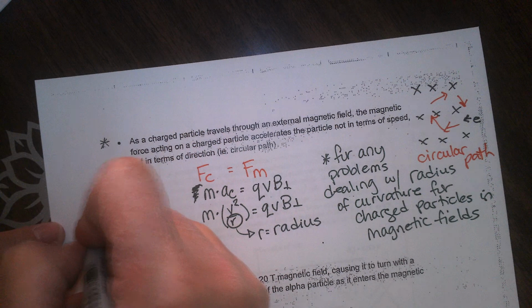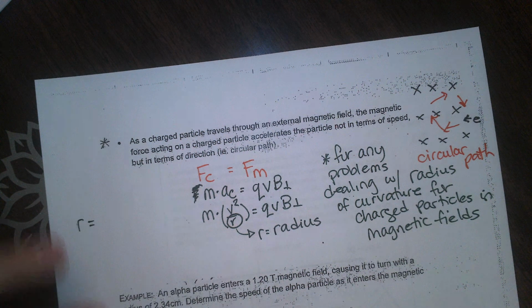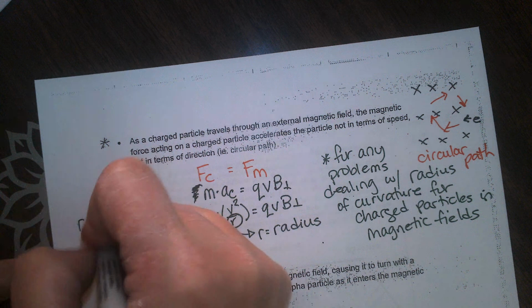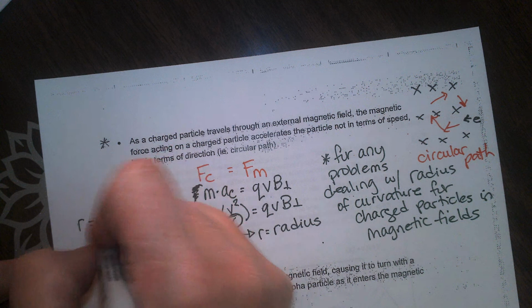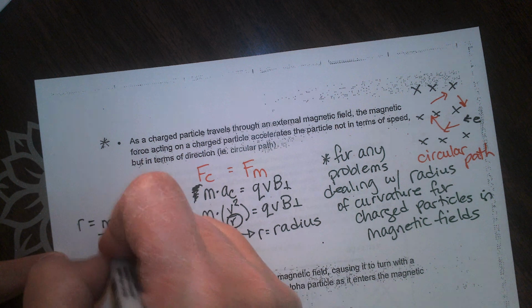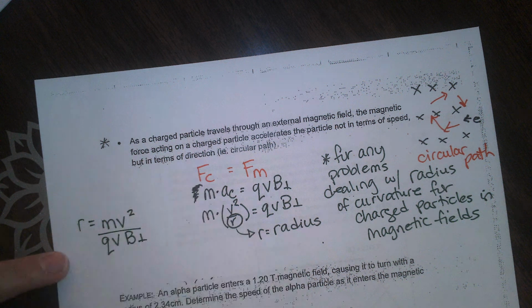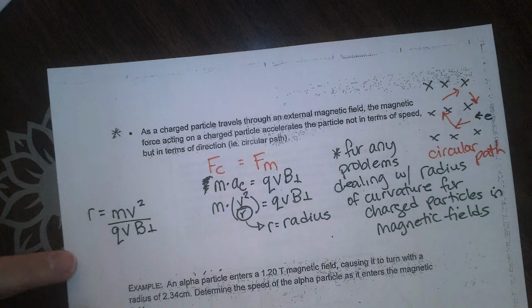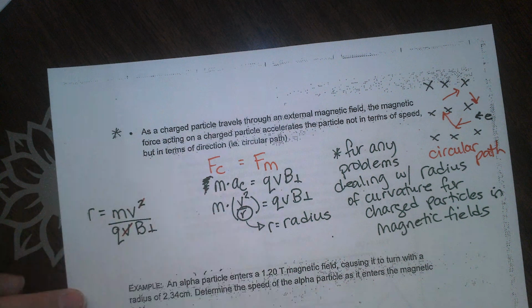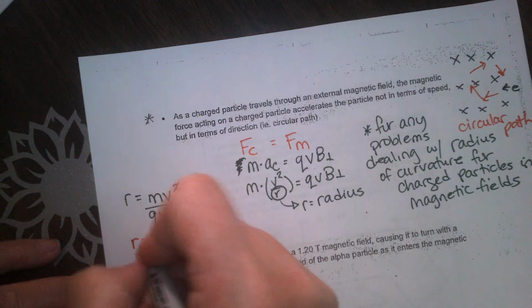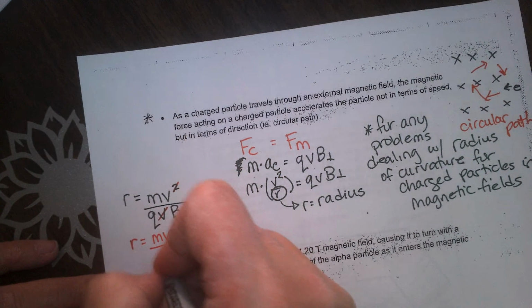R is going to be equal to mv squared over qvb, if I wanted to isolate for R. And what do I see about my velocities? Cancel one out on top and the one on the bottom. So R would be equal to mv over qB.